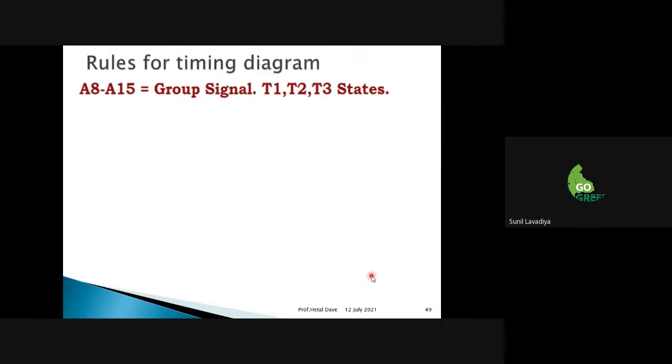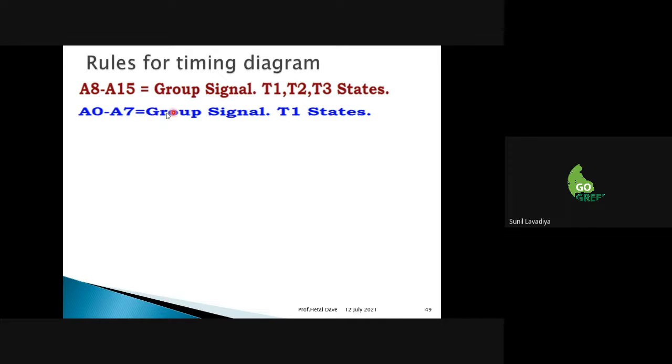Now, what are the rules and regulations? A8 to A15 are group signals, and T1, T2, T3 are the states.